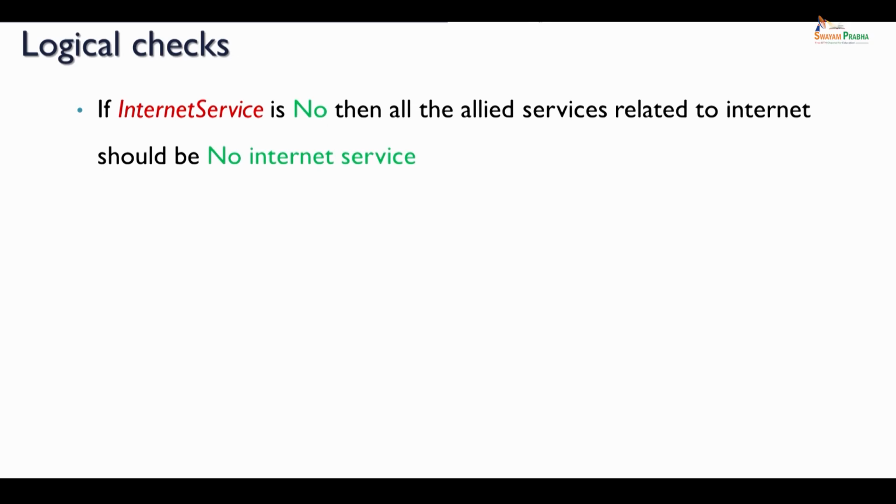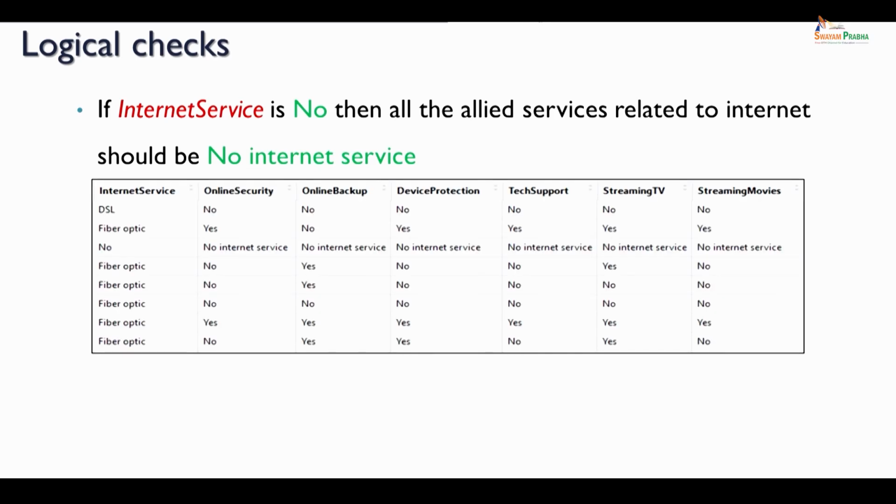We know that we have a column called internet service in our data. We are interested in checking if internet service is no, then all the allied services related to internet should be of no internet service, because if the customer does not even have the internet service, then there is no possibility to have other related services. To give you an idea of what those allied services are, I have shown the snippet below.